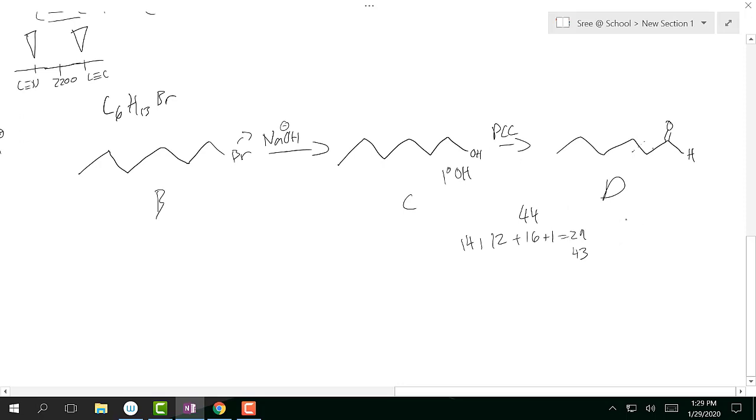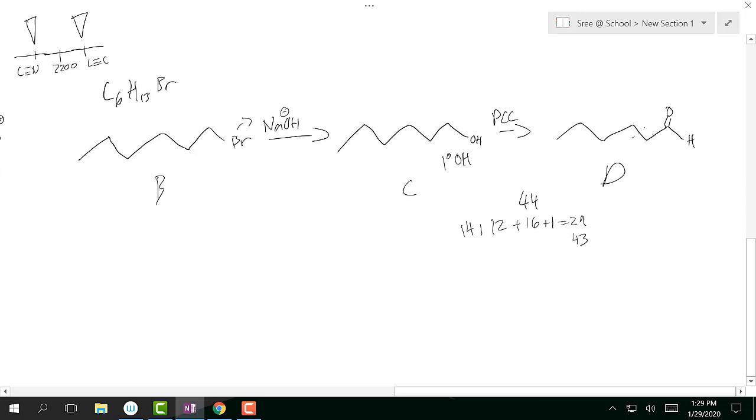So do you guys know what McLafferty rearrangement is? No? Okay, let me show you that real quick. So usually you should have a carbonyl and 3 carbons right next to your carbonyl, where the first carbon is alpha, the second carbon is beta, and the third carbon is gamma. Now the rearrangement occurs like this.